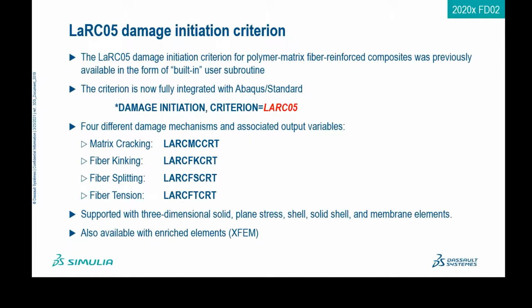The LaRC05 damage initiation criteria for polymer matrix fiber reinforced composites was previously available from the built-in user subroutine. Now it's available as a keyword-based functionality using the keyword Star Damage Initiation, criterion equals LaRC05. Four different damage mechanisms and associated outputs are available, from matrix cracking to fibers, either kinking, splitting, or tension of the fibers.